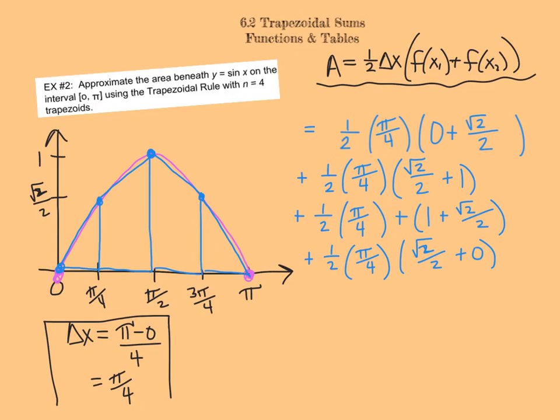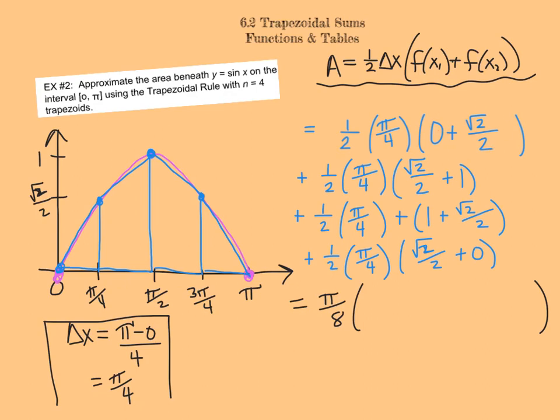So what I'm going to do is factor out this part of each one. And let's think about what 1/2 times pi over 4 is. It'd be pi over 8, really. So this each time is really pi over 8. So we can just bring that out front. And then they were being multiplied by a 0. No need to write it.